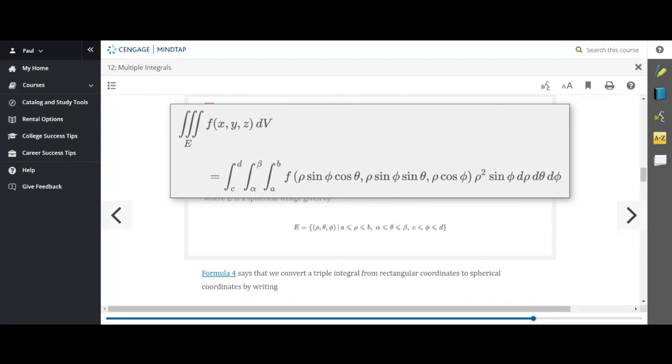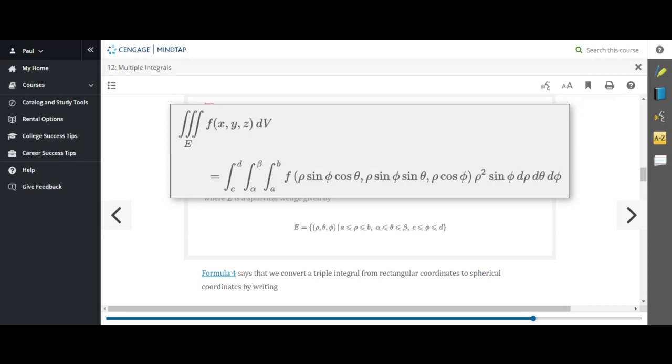You do that back in section 9.7. But the unit of volume, or the dV, is going to be rho squared times sine of phi d rho d theta d phi. Or you could say rho squared times sine of phi d rho d phi d theta. So this is how you would integrate if you're going to use spherical coordinates to compute your triple integral.